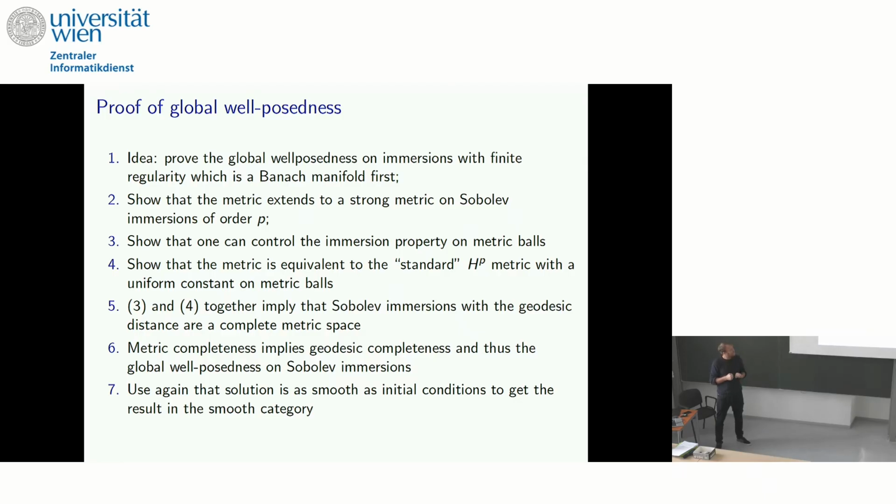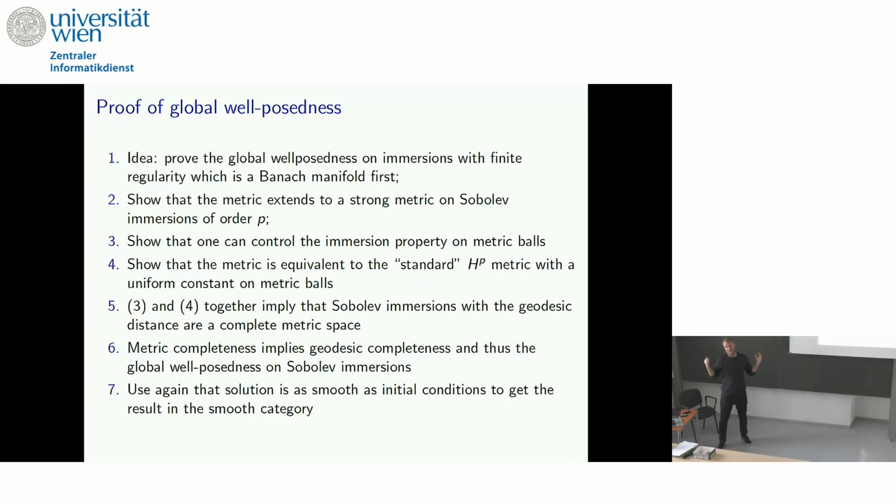We show 2 things actually. We show that on metric balls, we can control the immersion property. And then we show that on metric balls, we can compare our invariant metric to some flat background metric. And the constants that you have here are controlled on metric balls. So they don't depend on your geometry anymore.